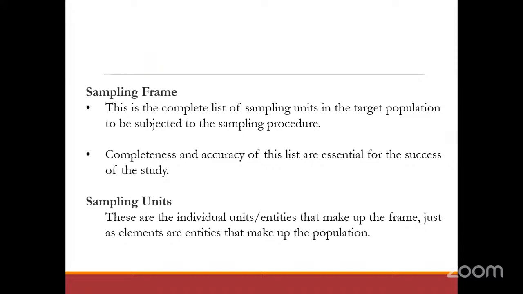Sampling frame is very much important. If we want to have the sampled population, at that time we should have some information about where we will collect our sampled population from. That's why we need a frame of the whole, based on the characteristics and criteria. We all know about the census.